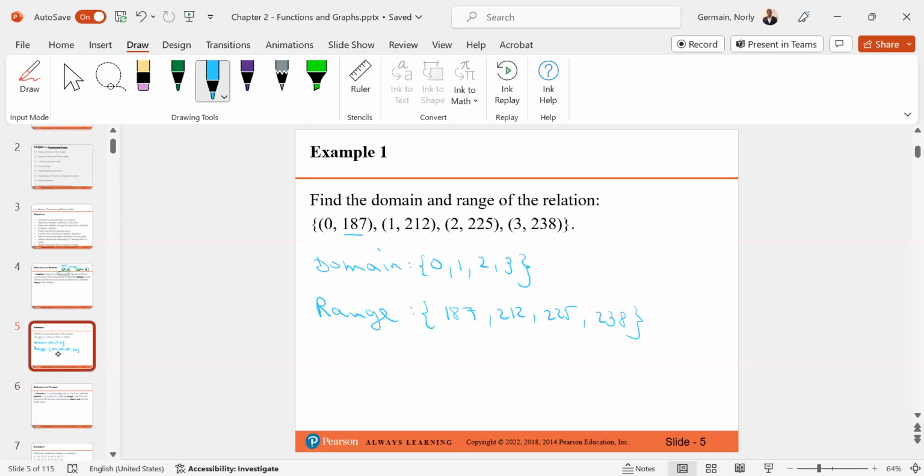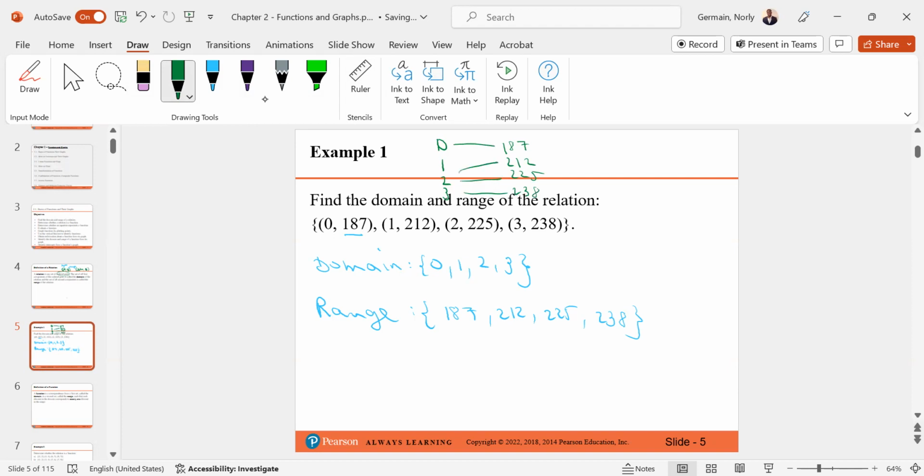For example, in the previous one, if you decide to put all the domains together, for example, 0, 1, 2, and 3, each of them corresponds to only one, right? To 12, to 25, and to 38, you see? Only one.